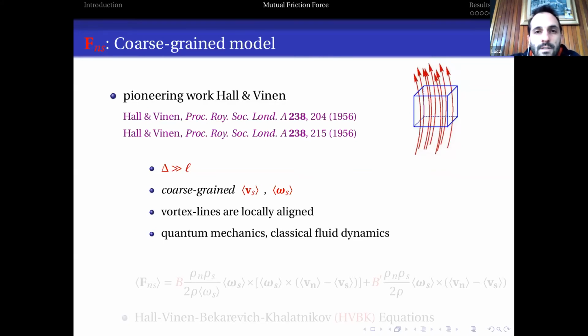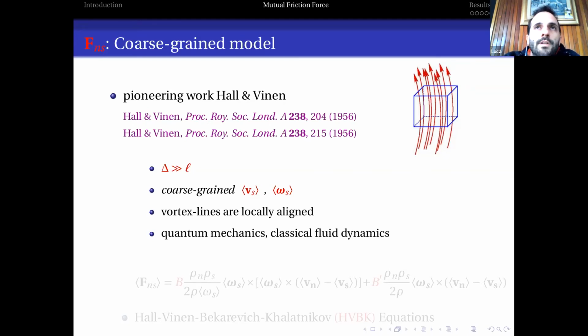This means, as you can see here on the right, that a representative volume element of the fluid is threaded by many vortex lines. On this coarse-grained scale, the superfluid velocity and vorticity are actually continuous fields.